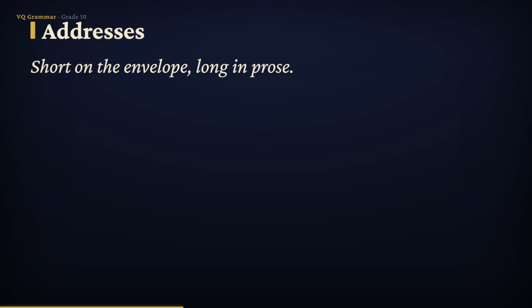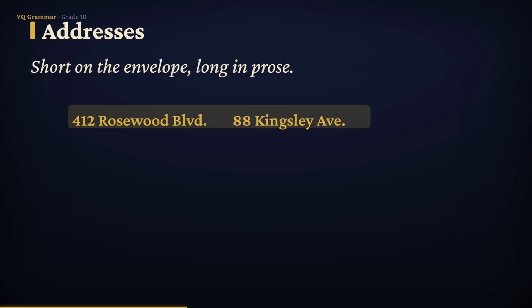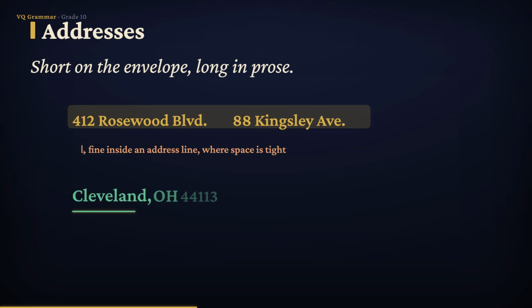Addresses come next. Street words like street, avenue, and boulevard get shortened inside an address. 412 Rosewood Blvd., 88 Kingsley Ave. That's perfectly fine on an address line where space is tight. And when you're addressing mail, the state gets a postal code, 2 capital letters, no periods.